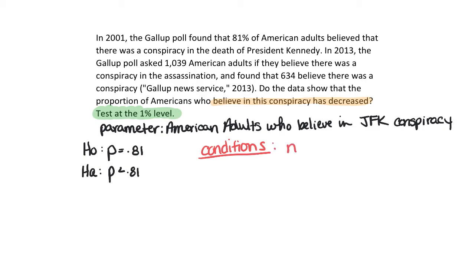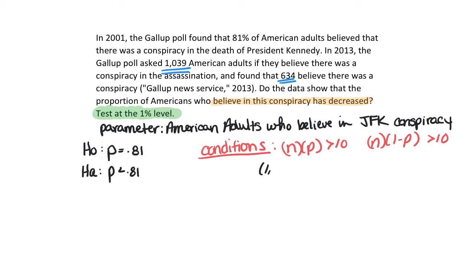So we're going to use n times p, and we want to make sure we have more than 10. But we also want to check for 1 minus p times n, to make sure we have a value greater than 10. So my sample size here, we did check for 1,039 adults. I'm going to go ahead and underline 634 because I'm going to need that later.